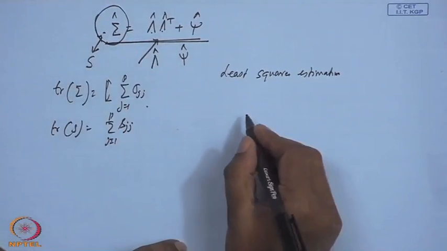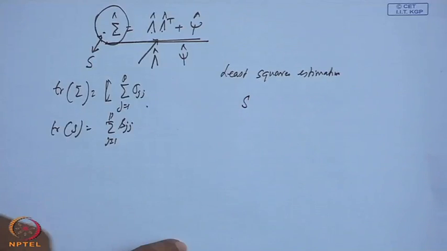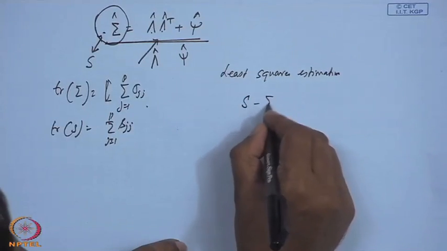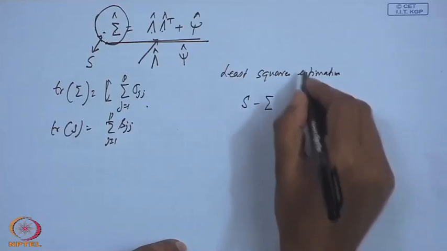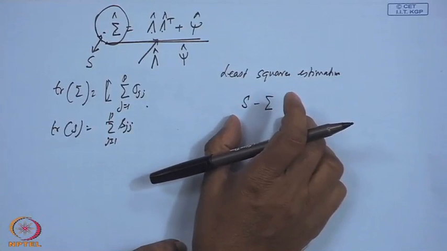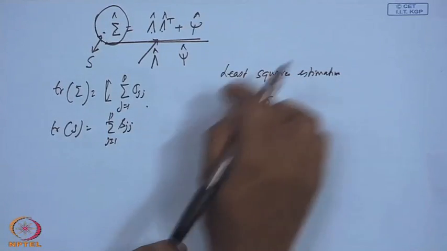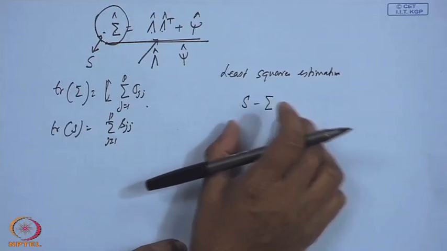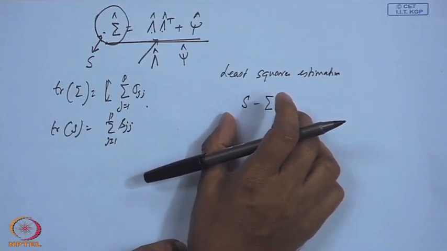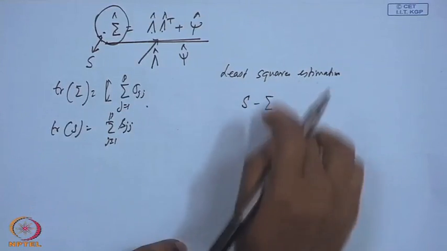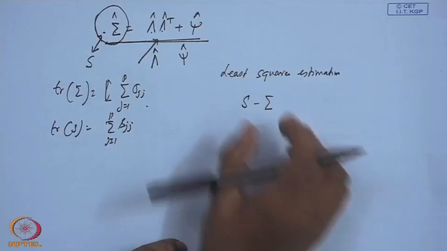Okay. So our sample covariance matrix is this, the population covariance matrix is this, and we want a minimization function which minimizes the sum of squared errors, that means the sum of squares of the elements of this matrix.